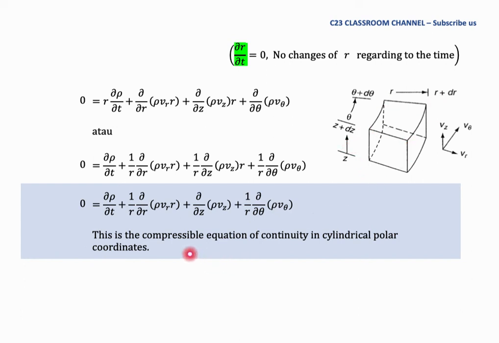So the compressible equation for continuity in cylindrical polar coordinates is del rho over del t plus 1 over r del over del r of r rho vr plus del over del z rho vz plus 1 over r del over del theta rho v theta.